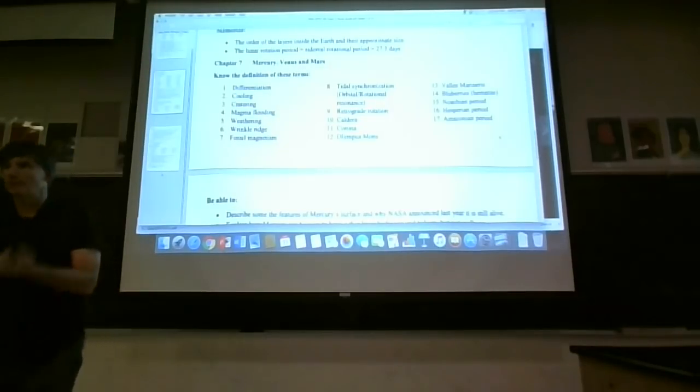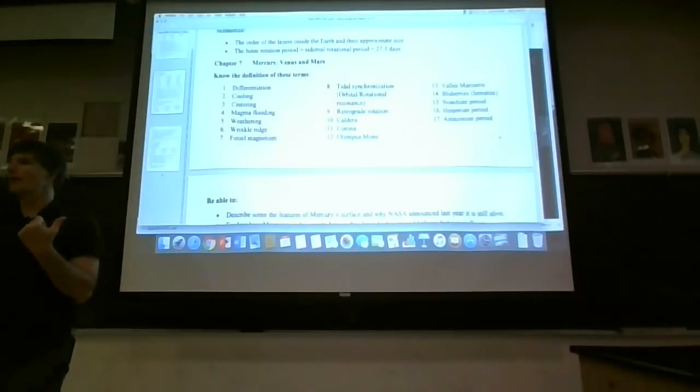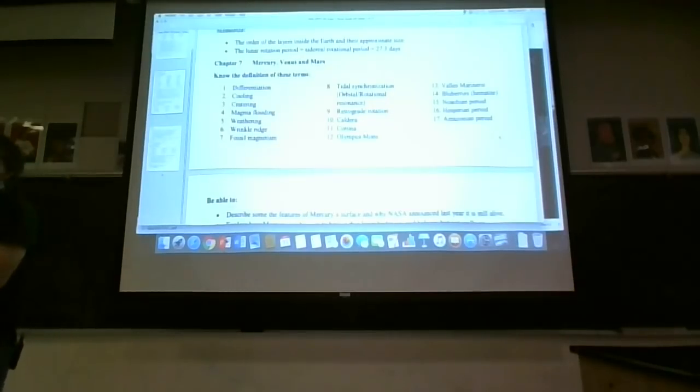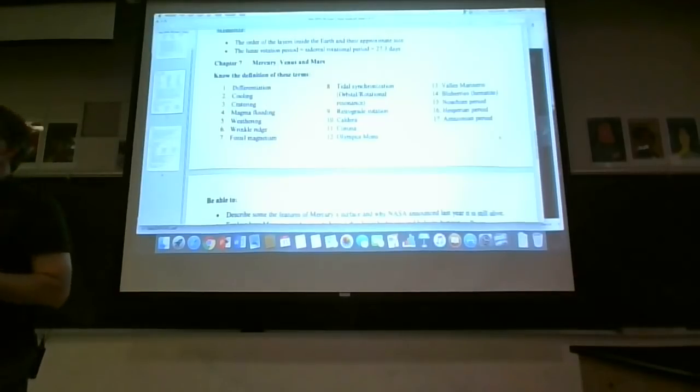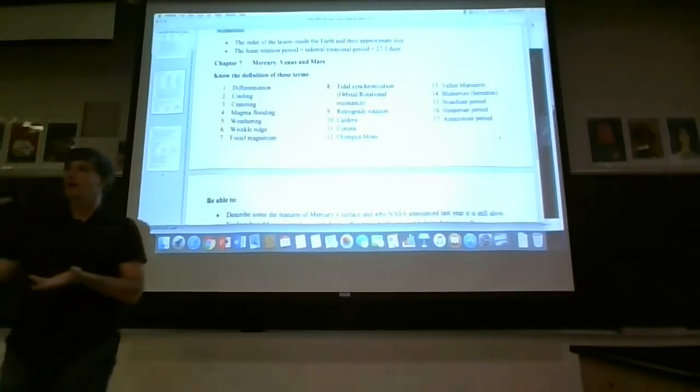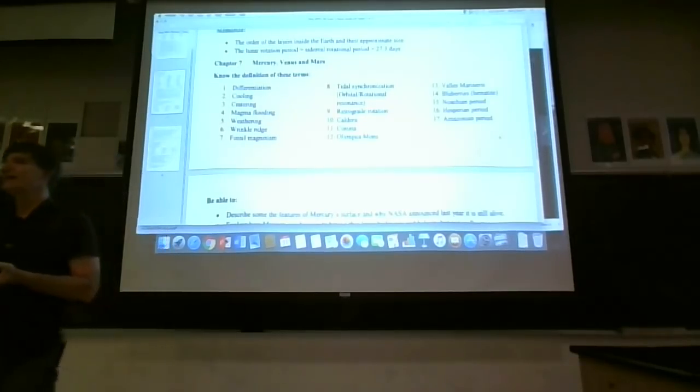So immediately when you see a structure like that on Mars, what does it tell you? Even if you don't measure it, what can you infer about the thickness of the crust? It's much thicker, much stronger, right? It can hold up such an incredibly large structure. Actually, we don't talk math in this class.